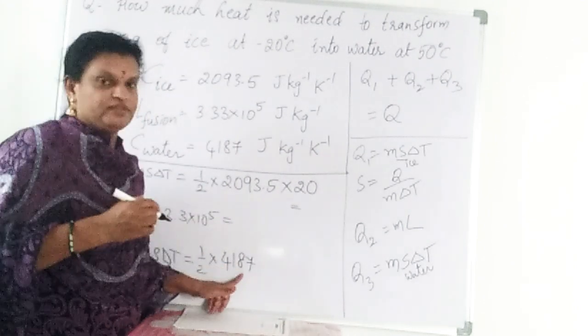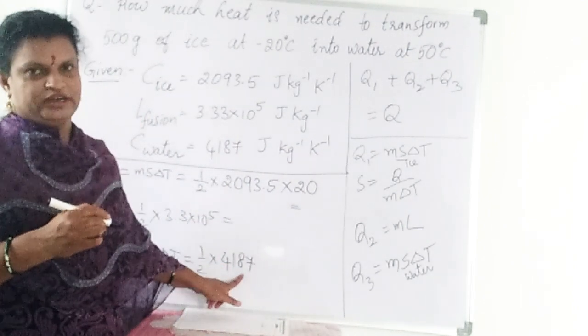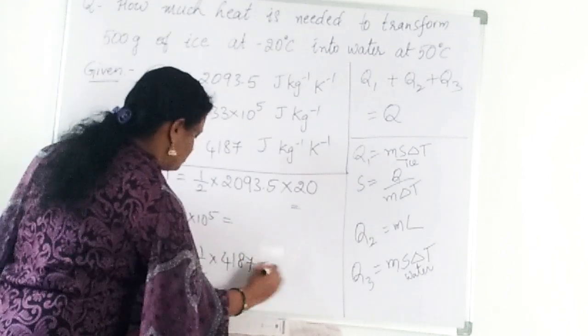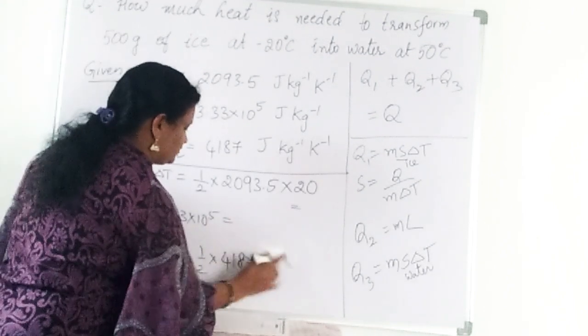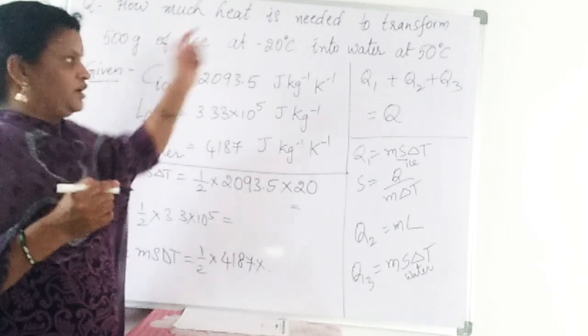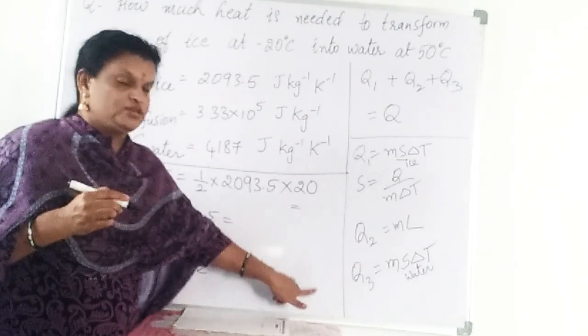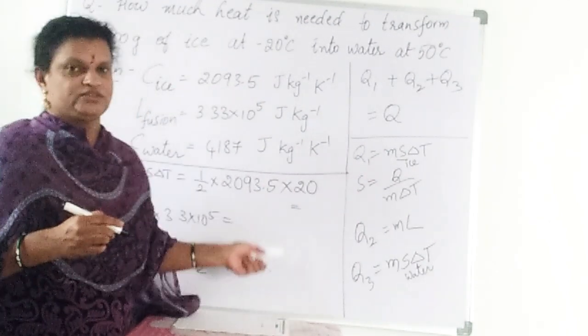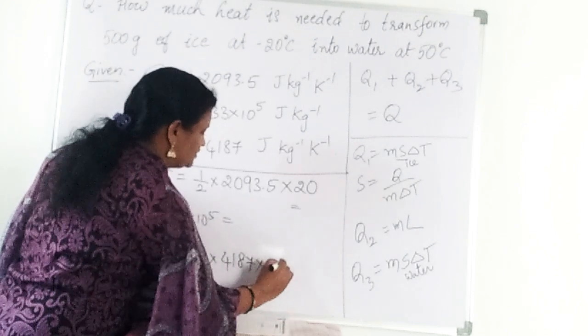Sometimes in the question itself they may give us 4200, and that value we can take. Delta T is from 0 up to 50, so 50 minus 0 is 50.